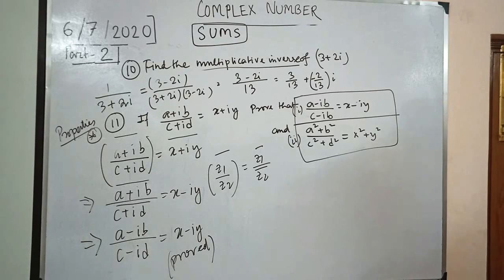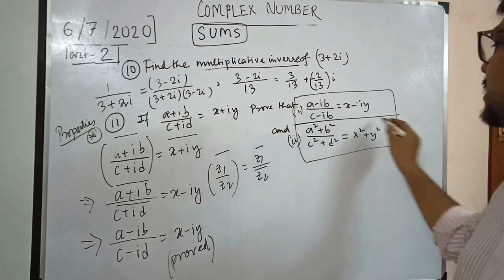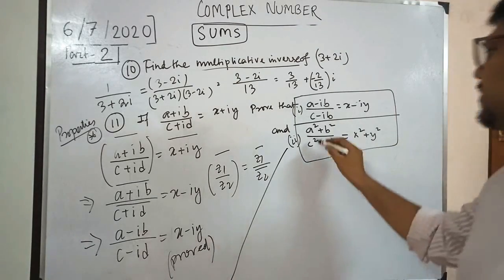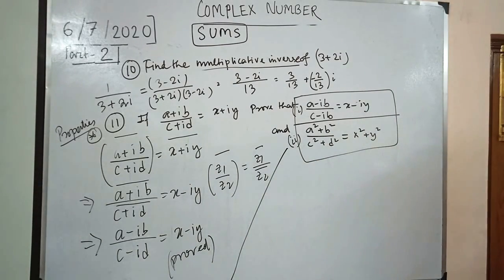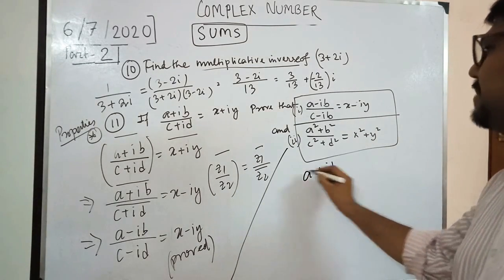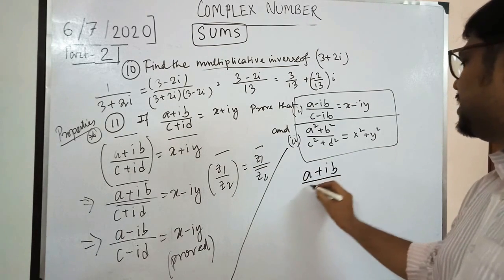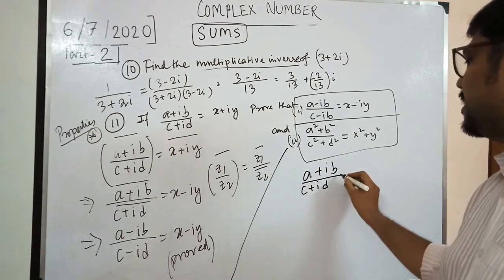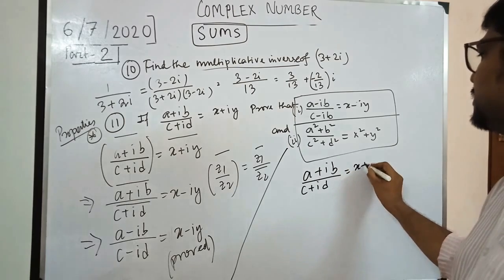Now the second proof. Look at the structure. It's a kind of square given. So what it suggests is that we are using a modulus property. The same thing which is given to us is a plus ib by c plus id, and that is equal to x plus iy.